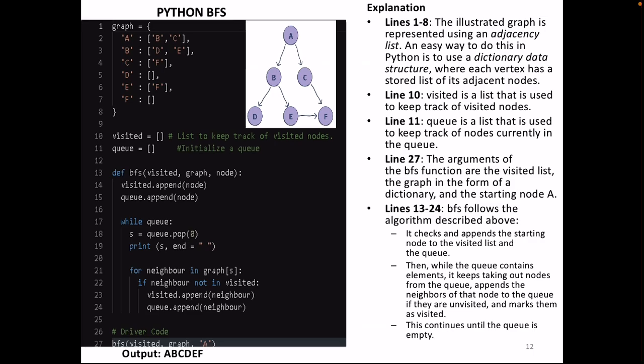And here we have the example in Python. It has a very similar structure to depth first search, but here we have the queue, which makes things a bit harder, but the main idea is the same.